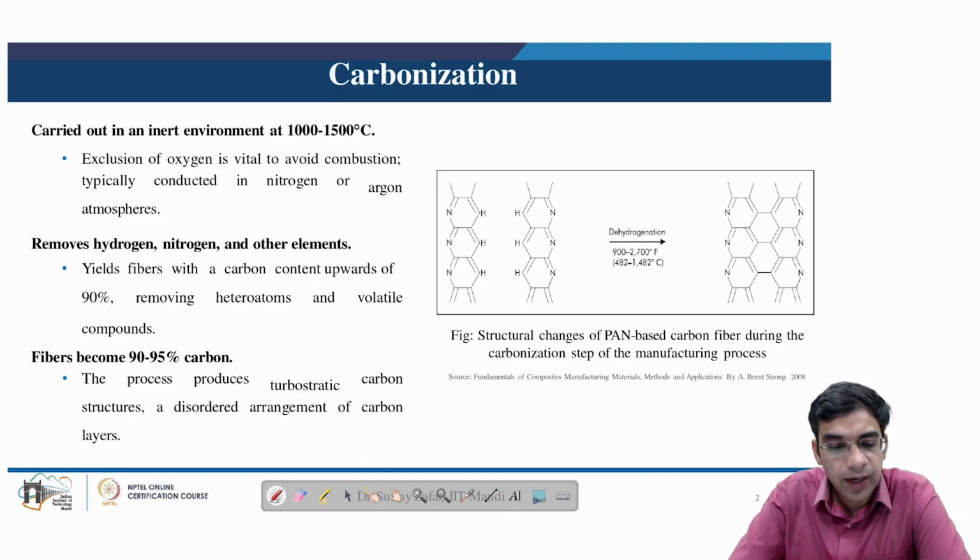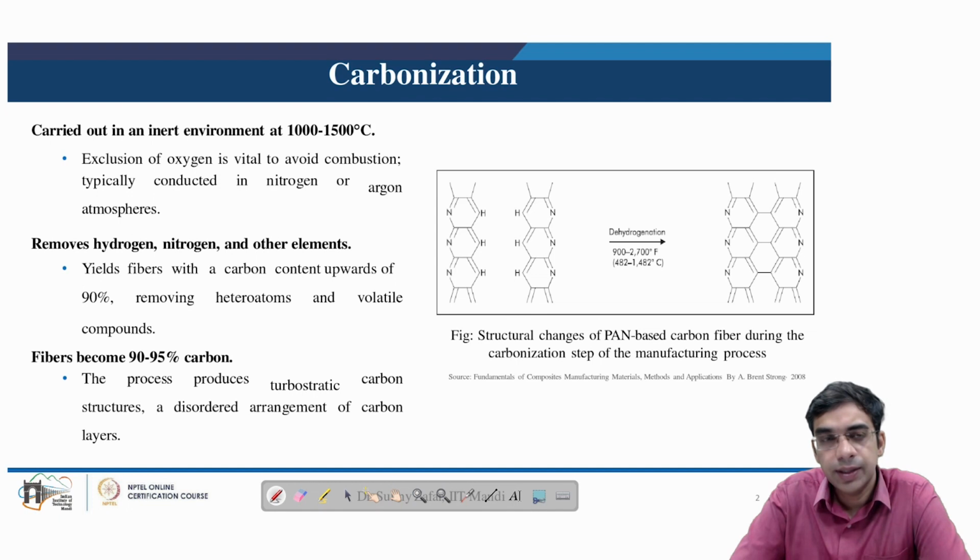So in the inert environment, heating is done in the temperature range of 1000 to 1500 degrees Celsius. In this, exclusion of oxygen is vital to avoid combustion, typically conducted in hydrogen or argon atmospheres.